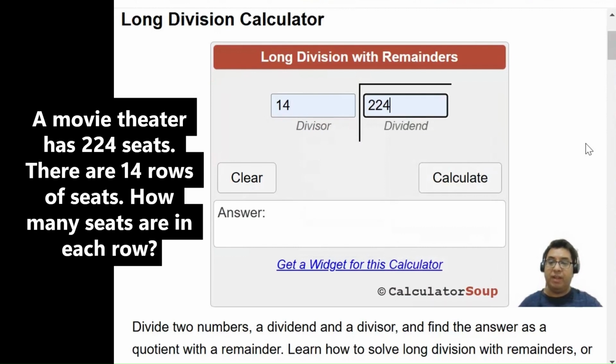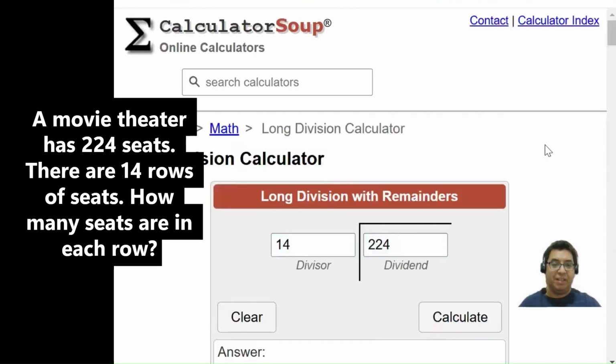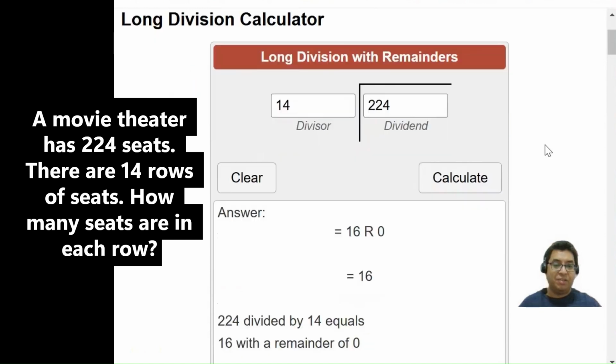And then we're going to divide it. So what's 224 divided by 14? Let's calculate that. And for our answer, we have 224 divided by 14 is 16, just straight 16. It says remainder 0 there, but if there's no remainder, no need to put the 0, so just 16.